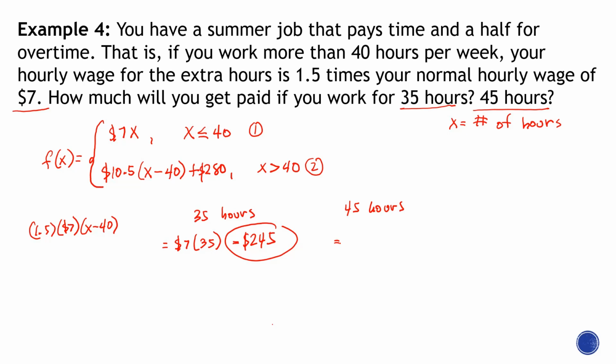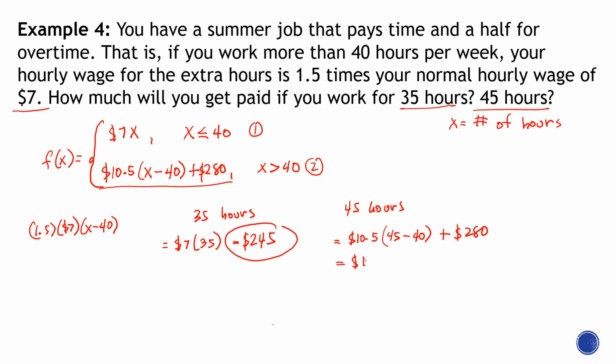Obviously second, right? 45 is greater than 40, so that means we will be using this formula. So that's 10.5 times 45 minus 40 plus $280.